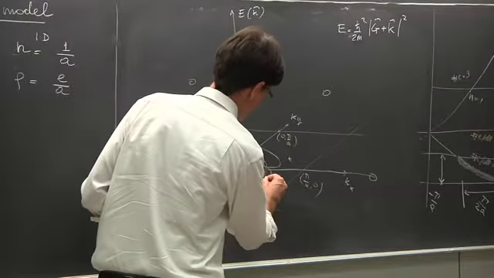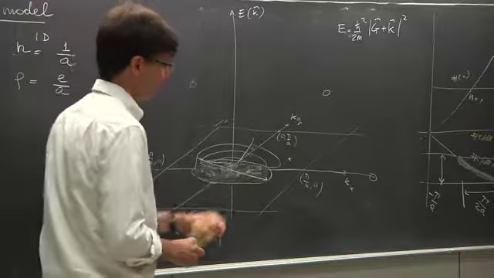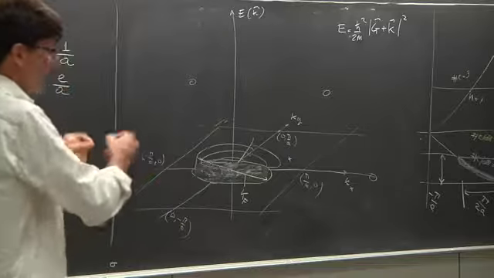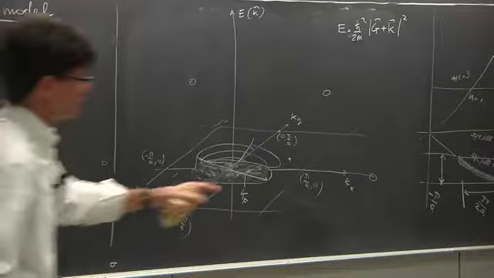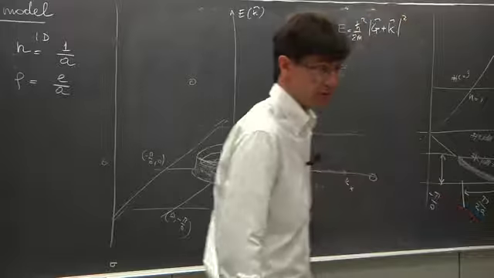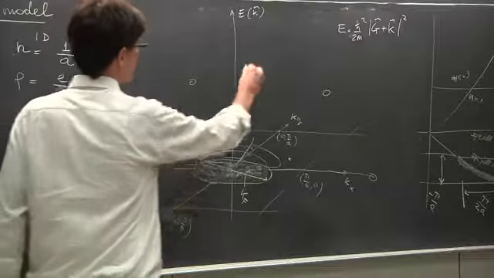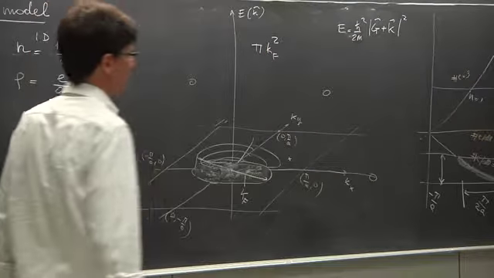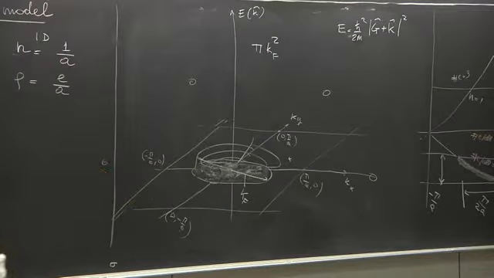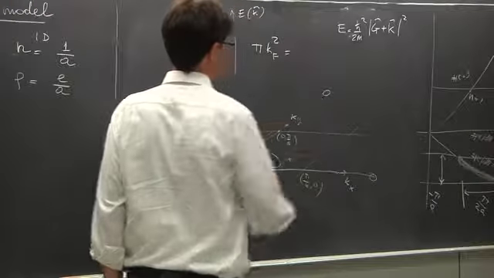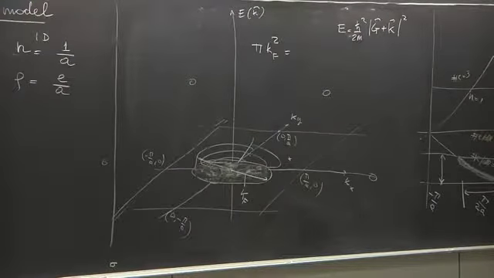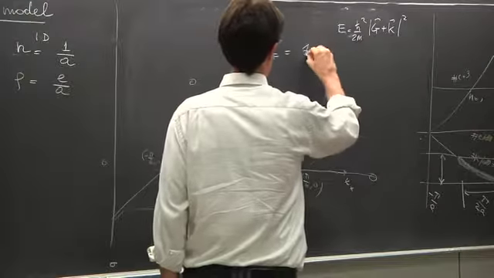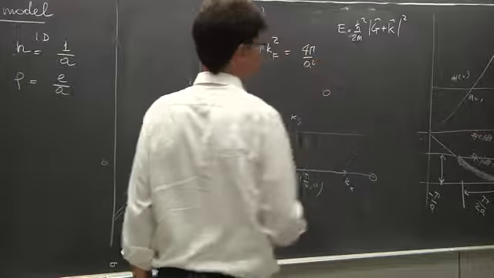Let me call this K the Fermi vector. So let me give it the name Kf. It's the vector where I have to stop. It's this vector, right? The analog of this vector here. So the condition will be that pi Kf squared, which is the area of that circle, is equal to the area of the whole Brillouin zone, which is 4 pi squared over a squared in 2 dimensions.